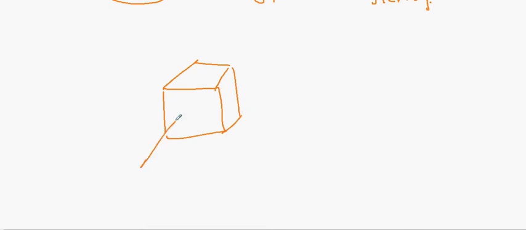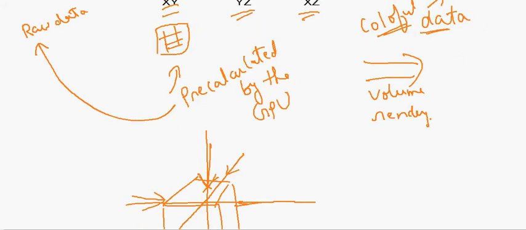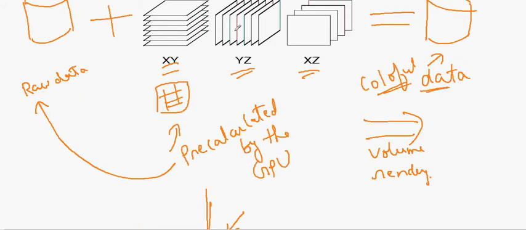It may be this way, or this way, or this way. So these are the three view lines. Depending on the view line, one of the stacked texture maps is selected.